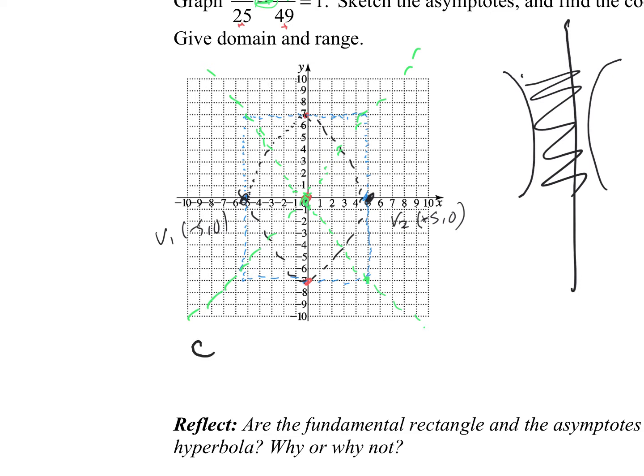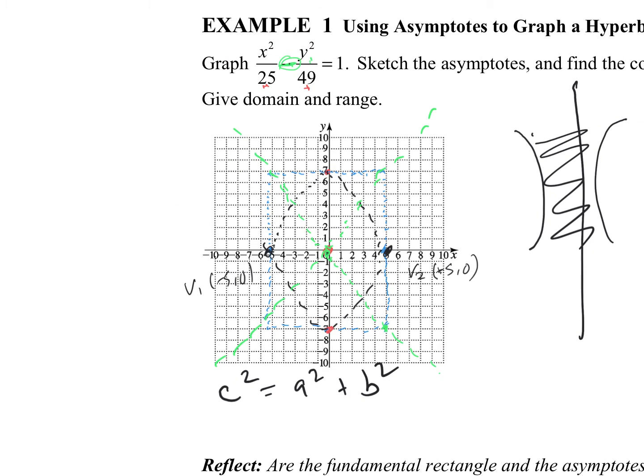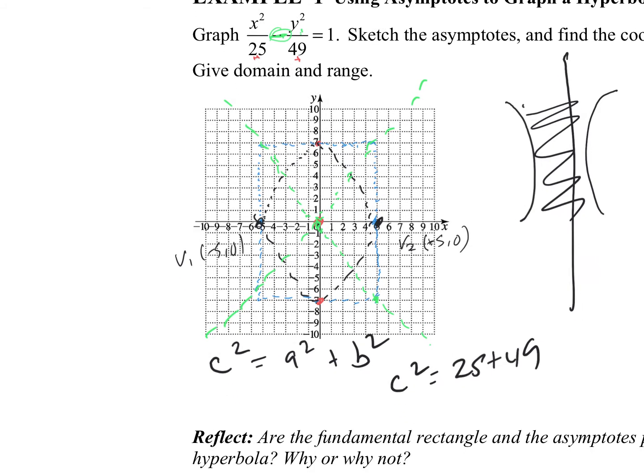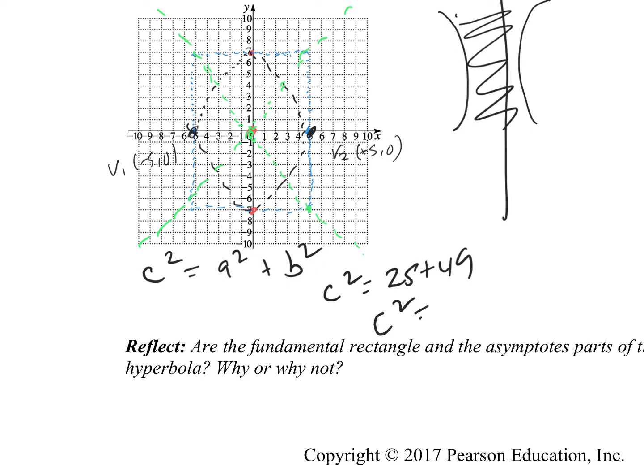For the foci, c squared is equal to a squared plus b squared for a hyperbola. So it doesn't even matter which one is a and b. You're still going to go c squared is 25 plus 49. That c squared is 40, 50, 60, 69. What did I just say? 69, 74.